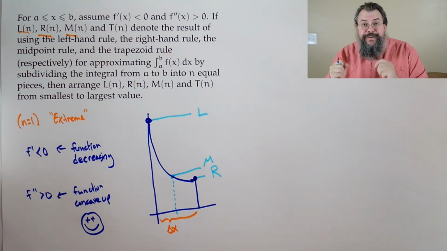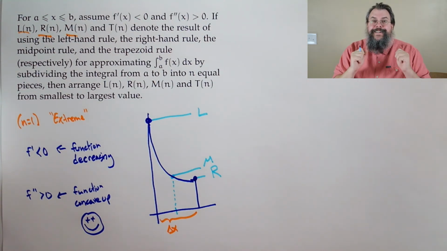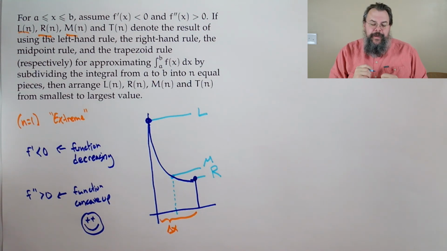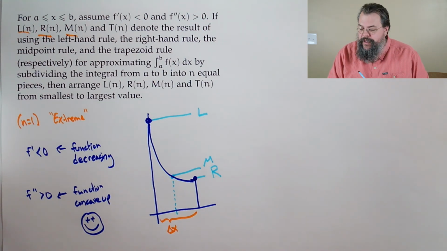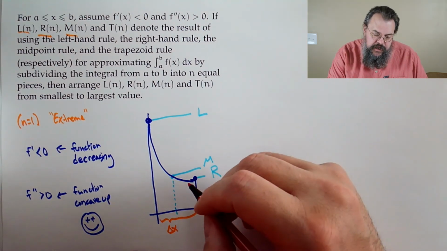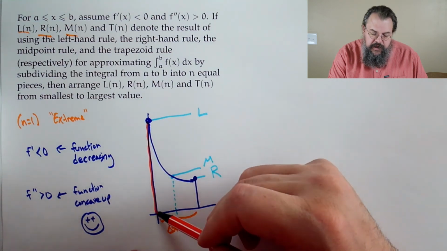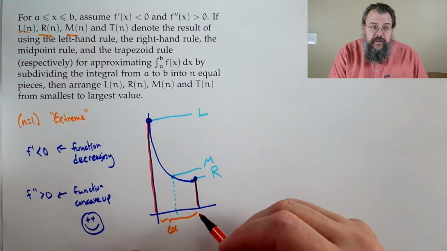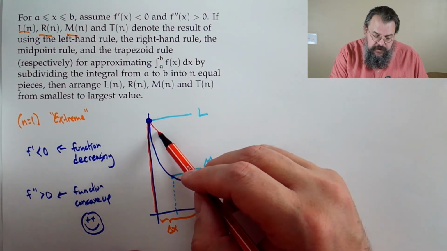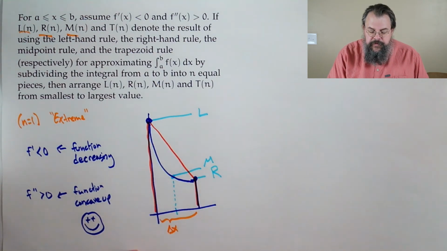Where does trapezoid fit in? Okay, this is the fun one. How can we think of the trapezoid rule? Here's a way to do it. Take your picture and imagine that you just made a trapezoid with the left and the right ends. In other words, you combine these two together.